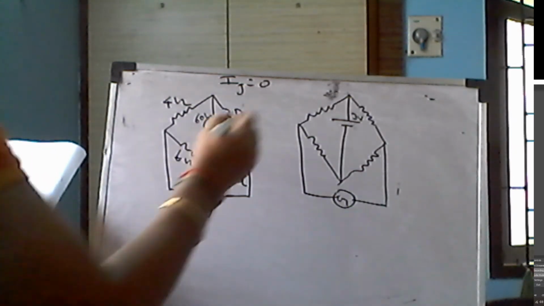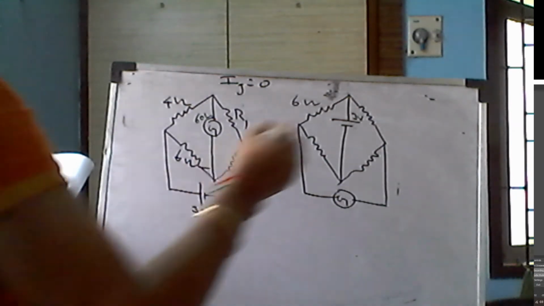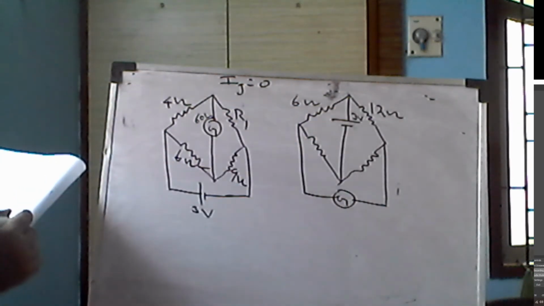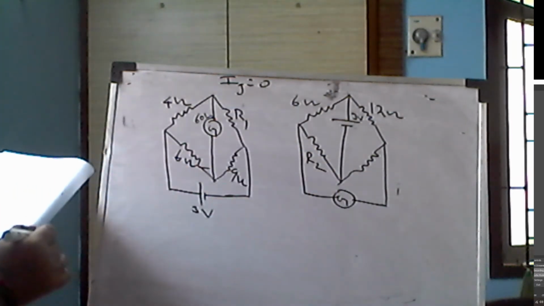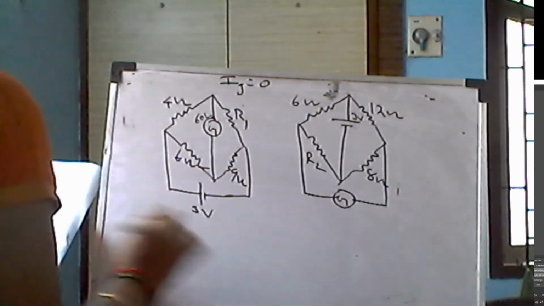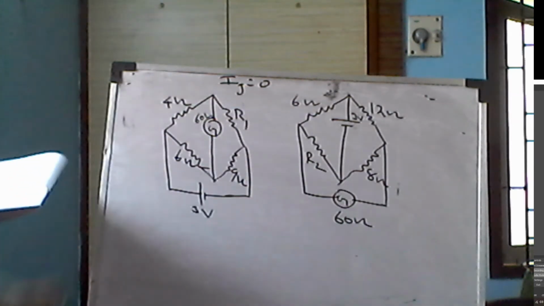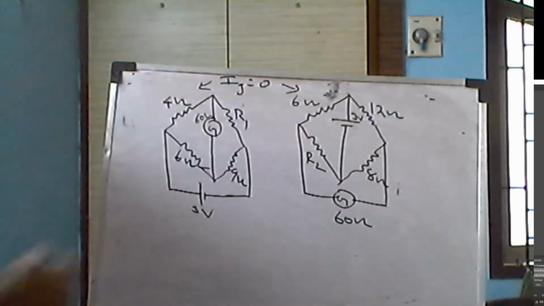And the values are given as 6 ohm, 12 ohm, 6 ohm, 12 ohm, R2 and 8 ohm, 8 ohm and this is 60 ohm. So this is the second case, and in both the cases Ig is showing null deflection.